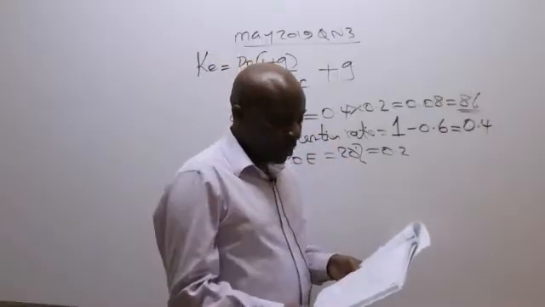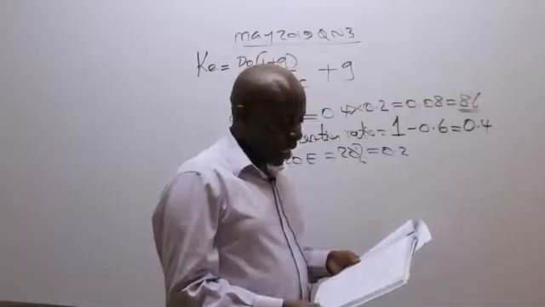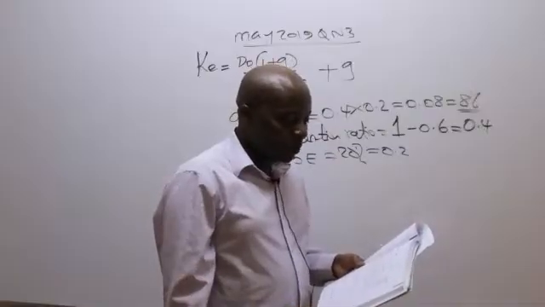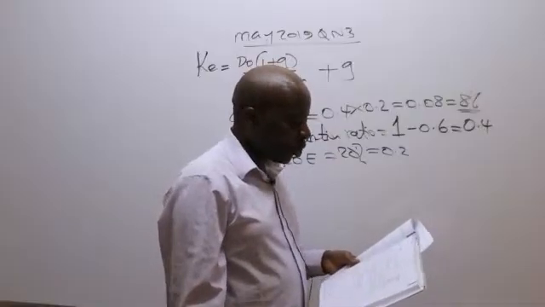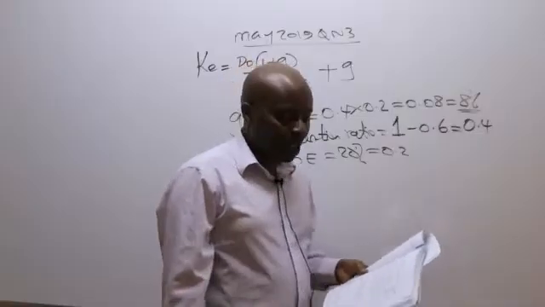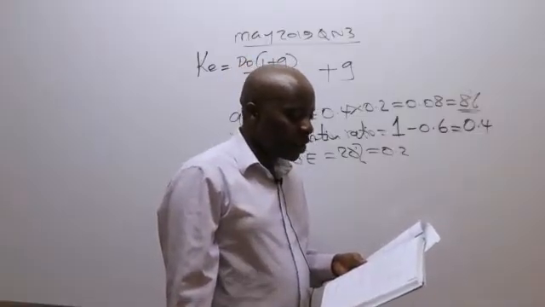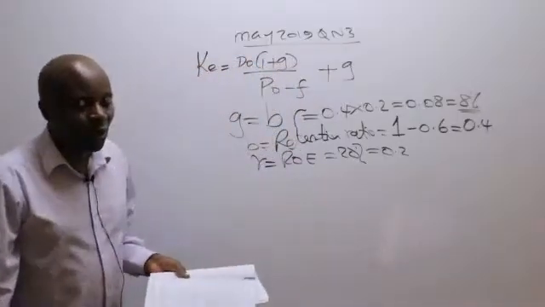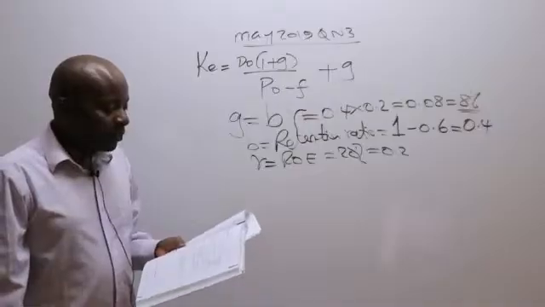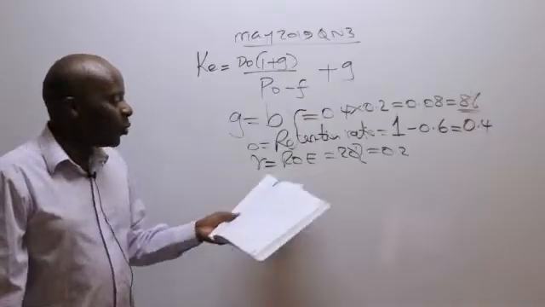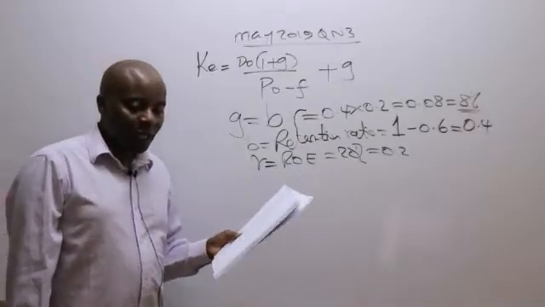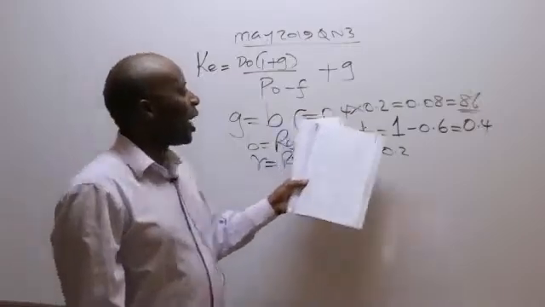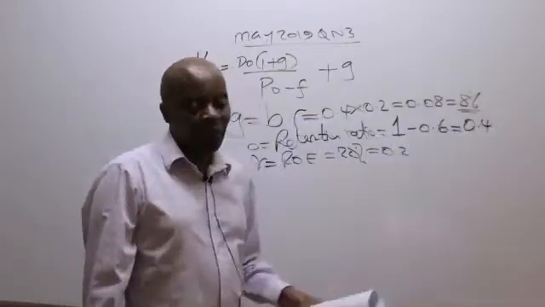In note number 3, they have told us that the firm adopts a 60% dividend payout ratio. So if the dividend payout ratio is 60%, then the retention ratio will be 40%, 0.4. And then they have given us the return on equity. Remember, ROE stands for return on equity. Once I have the two, I multiply, which ends up giving us 8%.